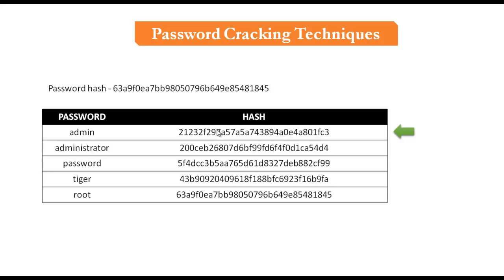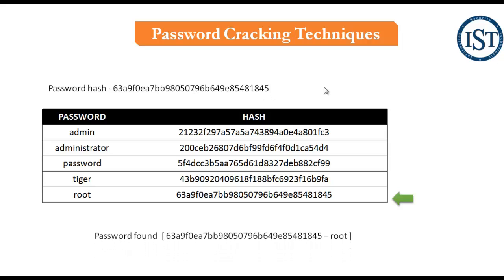First it will check with the first entry, and then with the second entry, and then with the third entry, and then with the next entry, till it matches the password hash. And you can see here the last password hash and the given password hash are the same, so the tool gives password found, and you can see the password here is root. This is how rainbow table attack works.